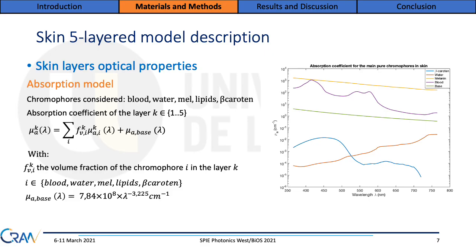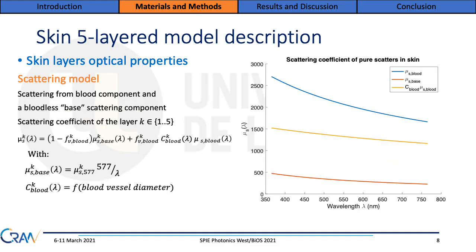For the optical behavior, and more precisely the absorption, only 5 chromophores were considered, namely blood, water, melanin, lipids, and beta-carotene. The figure on the right shows the contribution of pure chromophore absorption. The final absorption coefficient of a layer is then deduced as a weighted sum of pure absorption coefficients, where the weights are the volume fractions of the chromophores in that layer.